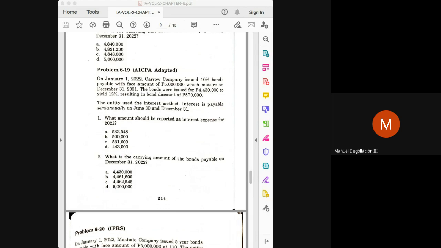Now, first is how much is the interest expense. Again, remember that the interest expense is simply the carrying amount of the bond multiplied with the effective interest rate.